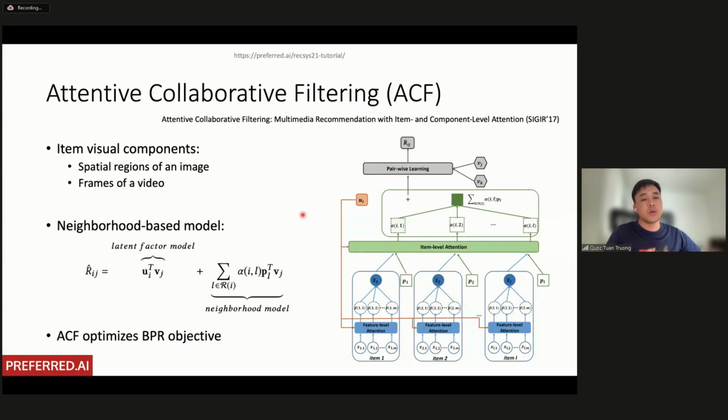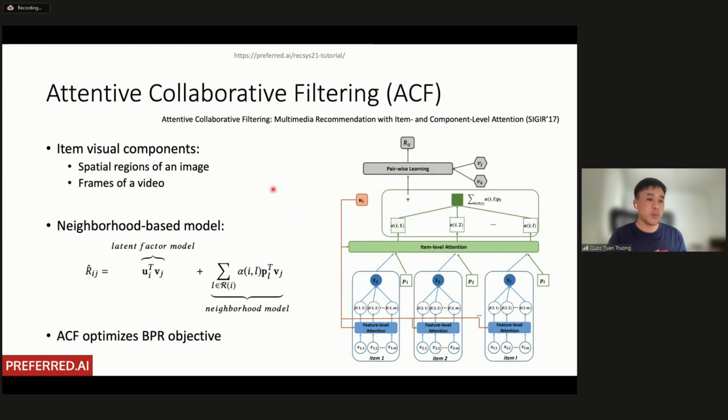This is another model called Attentive Collaborative Filtering, ACF. This introduced a new idea, trying to model the image modality. There is a concept called item visual components. Basically, each item is an integration of multiple components.